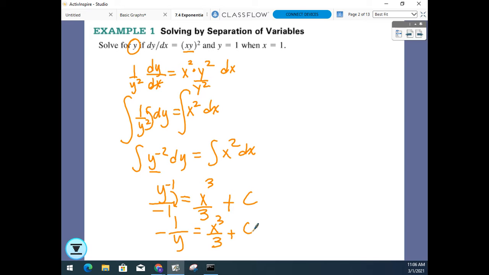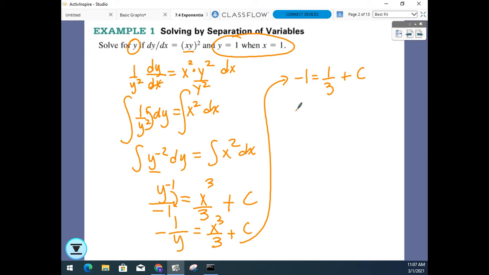Okay, so at this point, we can solve for c, because they give us x and y. So we can substitute 1 in for x and 1 in for y. I'm going to come back up here. If I plug 1 in for y, I get negative 1 here equals 1 to the third divided by 3, so negative 1 equals 1/3 plus c.